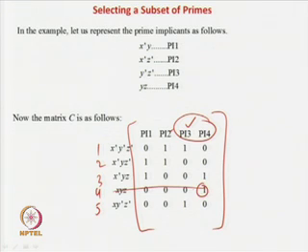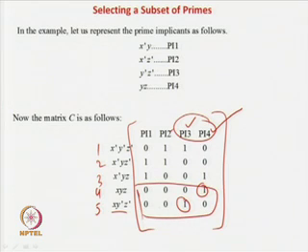So it is a singleton, which means P4 must be taken. If I do not take P4, nobody can cover row number 4, because there is only one 1 in this row. Similarly for term 5, there is only one 1 in this row. This is called a singleton row. These two rows are singleton. That means to cover this row, P3 also has to be there, because there is only one column, and likewise for this case.